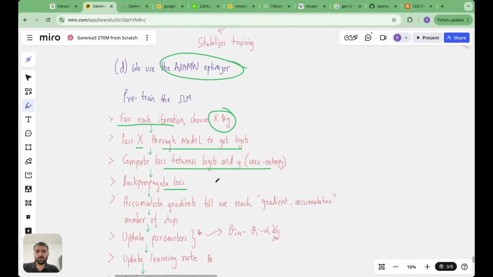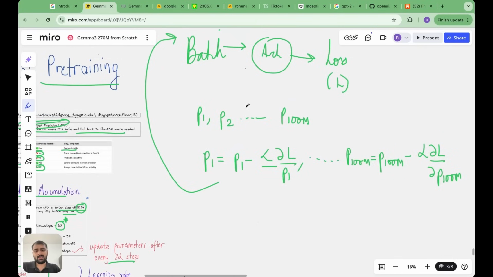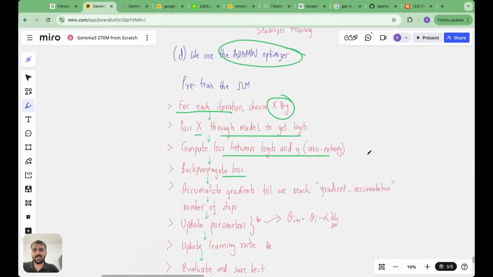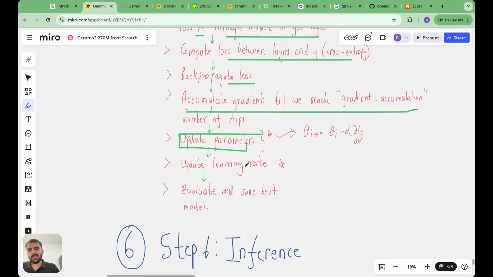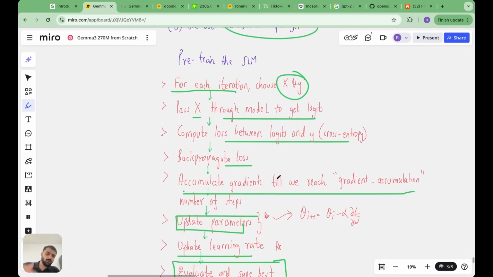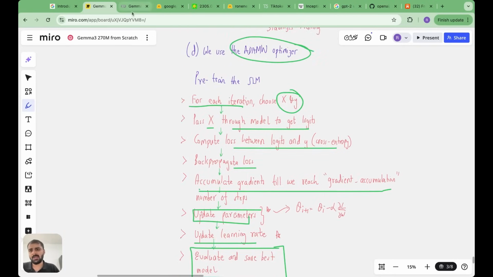Then I will back propagate my loss, which means that I will use the ADAM optimizer and update my parameters. And I will only update parameters, by the way, after I've done gradient accumulation and reached these many number of steps. Then I will update my learning rate, and then I will evaluate and save best model. So I'll keep doing this for multiple number of iterations. That's going to be my pre-training loop.